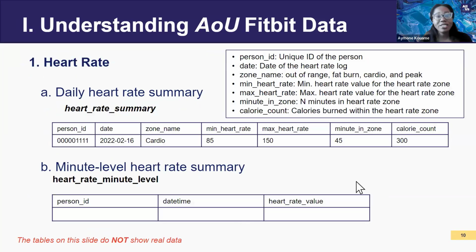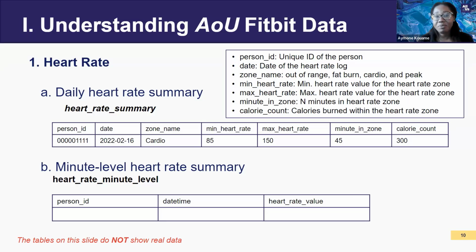Next. This is what the heart rate summary data tables look like. This is not real data, it's just fake data, but you have a unique identifier, a person ID, and then the date of the heart rate log, and the zone name. There are 4 possible zone names: out of range, fat burn, cardio, and peak.